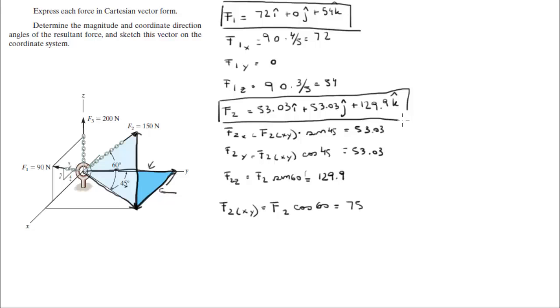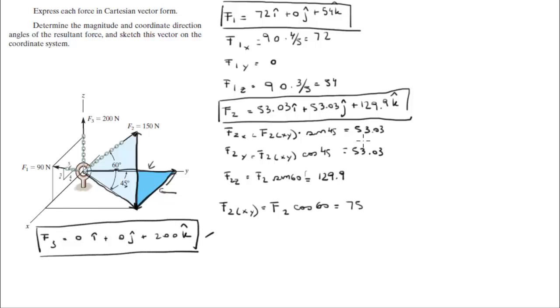That's F2. And F3 is the easiest one, because the X and Y components are 0. So it's 0i plus 0j, and it goes straight up on the Z axis, so it's plus 200k. So this is it for the first part, which is expressing all three in Cartesian vector form.